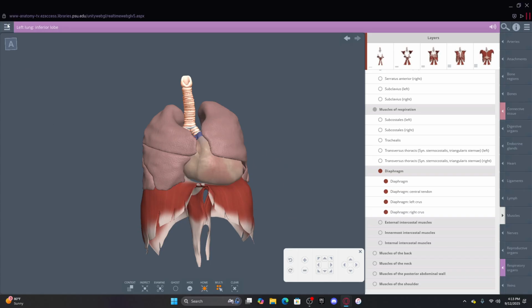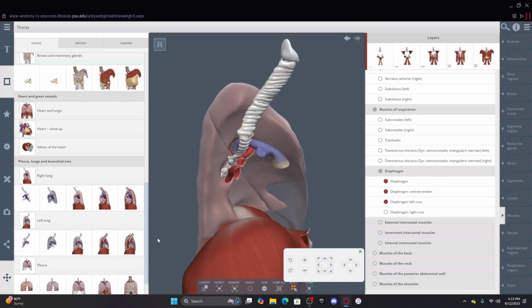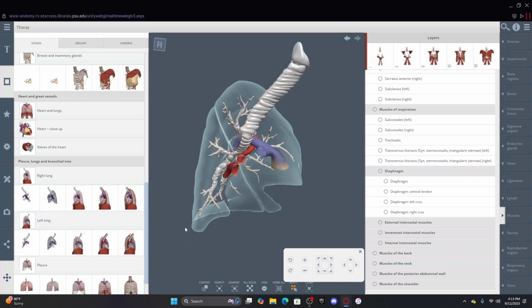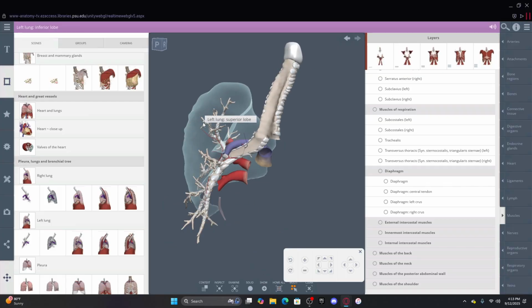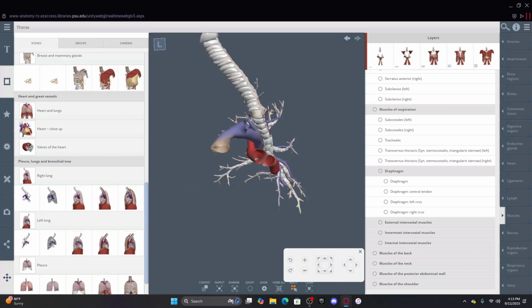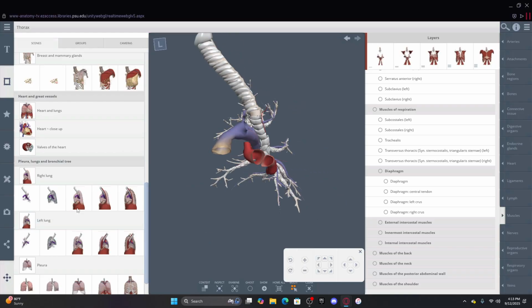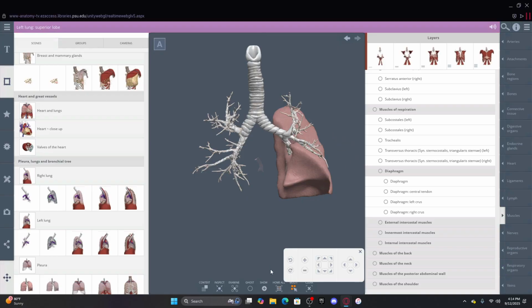Now I'm going to show you guys the hilum. I'm just going to remove the lungs for now, just so that we can see the trachea correctly.